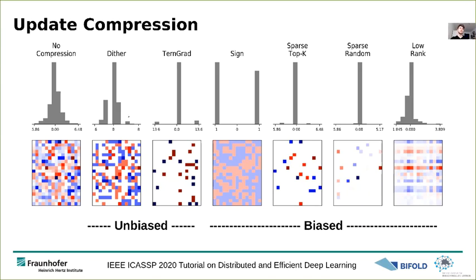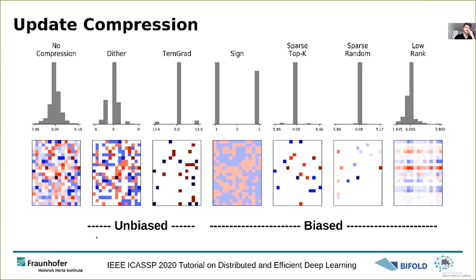There's literal quantization, there's ternary quantization, people use the sign of the gradients, people only use the top K elements of every gradient and set all other elements to 0, low rank decomposition. So basically everything that you can think of from a compression perspective, you can apply to these gradients and then see what you get essentially.